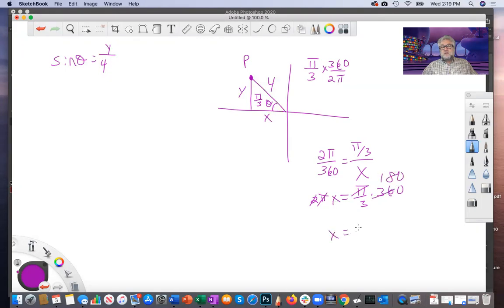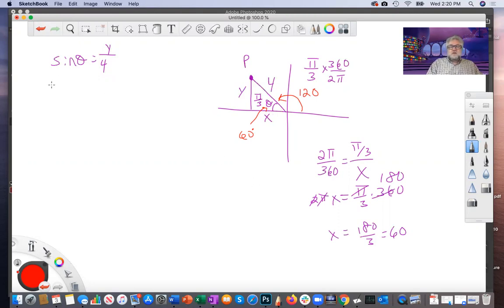So x equals 180 over 3, which is 60 degrees. So I'm going to use 60, but I'm going to remember that x must come out negative. If you want to be certain, if that's 60, this would be 120, right? You could use 120 for all of your things. It's up to you. I'm just going to use 60.